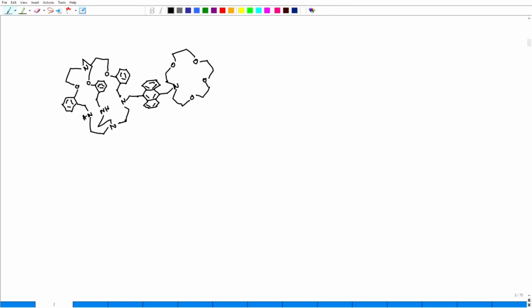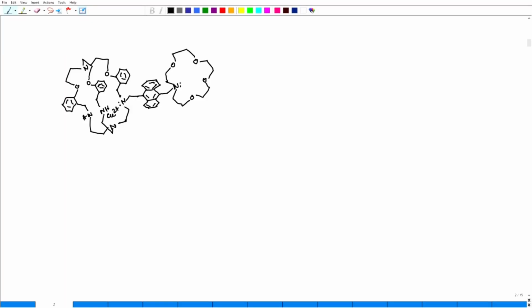AND logic gate means if I put a copper metal here, then this lone pair is blocked by copper. So, no PET is possible from this side.